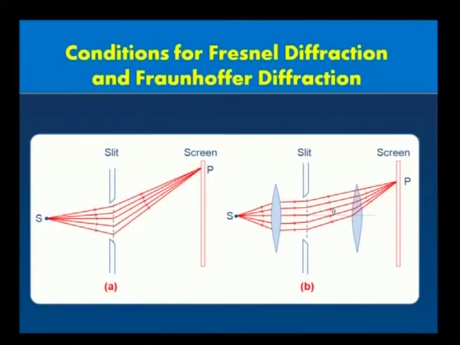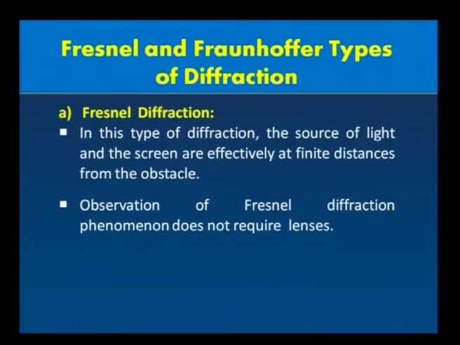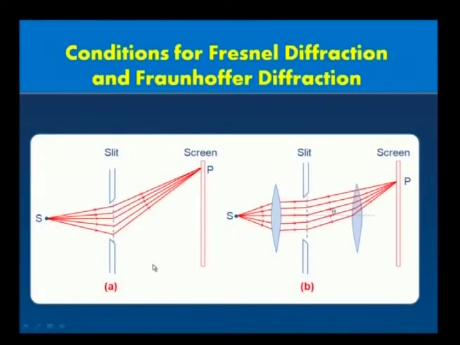This is the Fresnel diffraction, wherein the distances should be finite, and observation of the Fresnel diffraction phenomenon does not require lenses. You do not have lenses here. The incident wavefront is not planar.